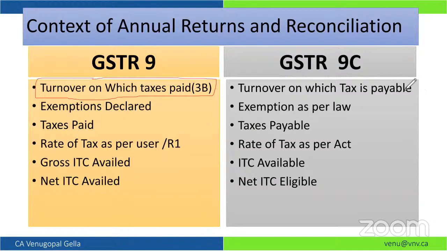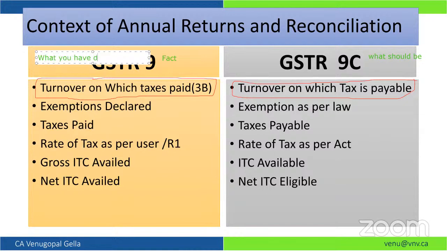But 9C is about turnover on which tax is payable. So 9 is a statement of fact. It's a fact. When it comes to 9C, it is what should be. Otherwise saying, what you have done is 9.